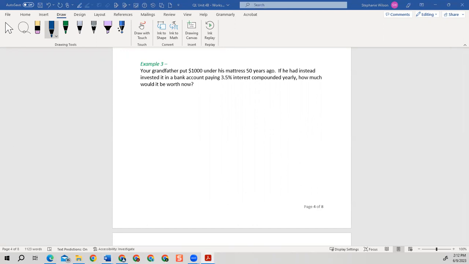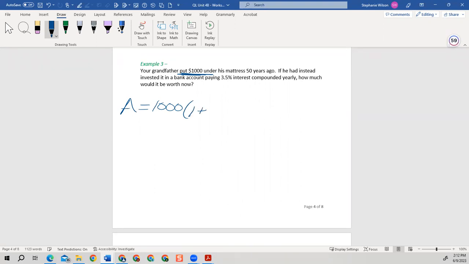Let's use our formula of A equals 1,000, because this is what we're investing, right? That's what he put under his mattress. So in 50 years, that's what he still has, right?